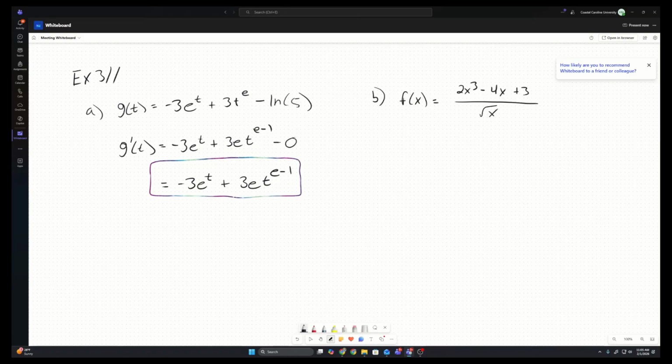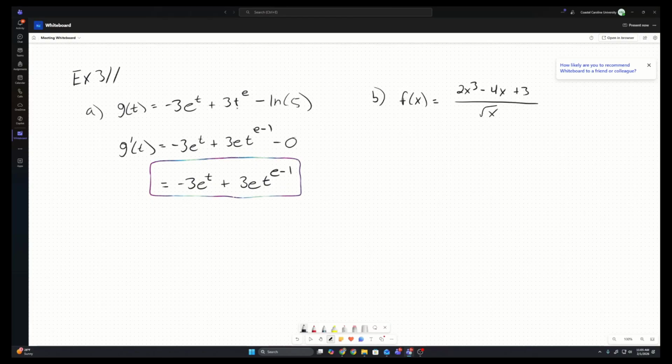We didn't really have a rule that had division, at least not yet, and that's intentional because the division version is really complicated. We don't really have a nice way to answer this problem right off the bat, because I don't have a rule that allows us to take something on top, divided by something on the bottom, and take the derivative of that at the same time.